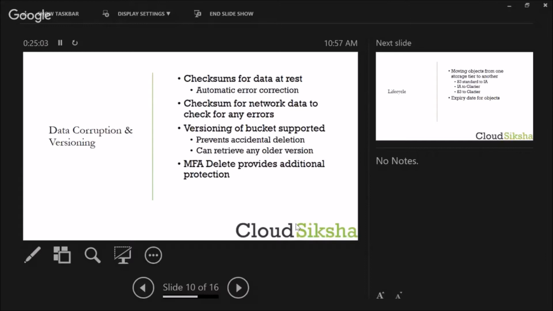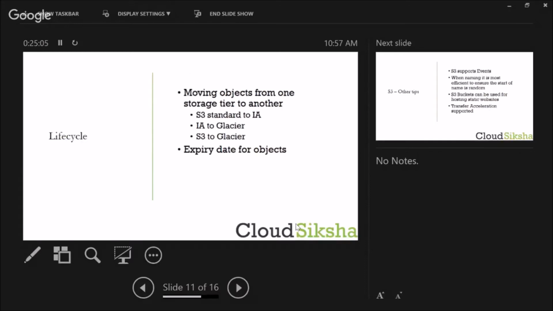Another important question that comes up is about life cycle. This is something that you must know, and I always have seen this turning up at various exams. Life cycle means moving objects from one storage to another, or deleting an object.